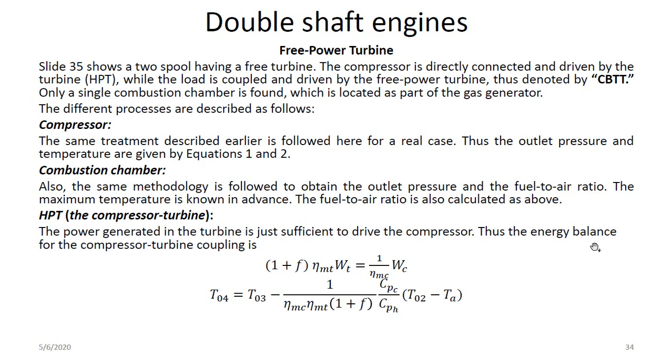So if we analyze the different modules, we can begin with the compressor, and the same equations that we've looked at earlier are applicable. And also in the combustion chamber, we can use the same analysis.